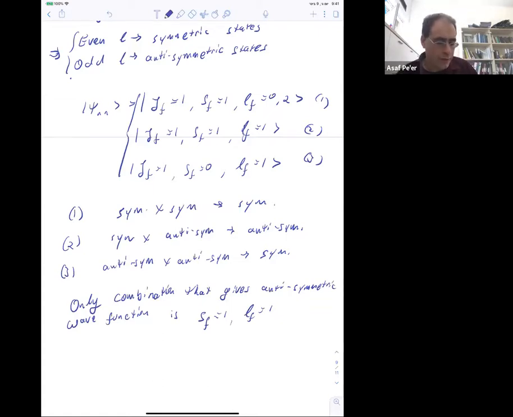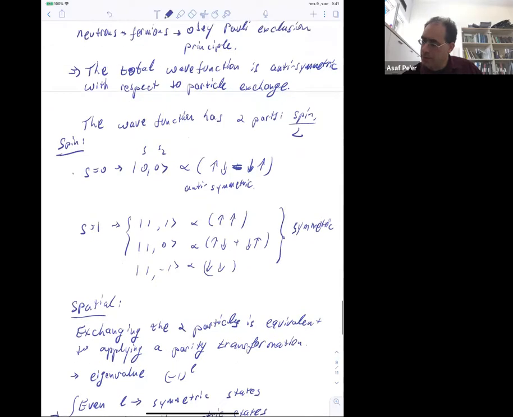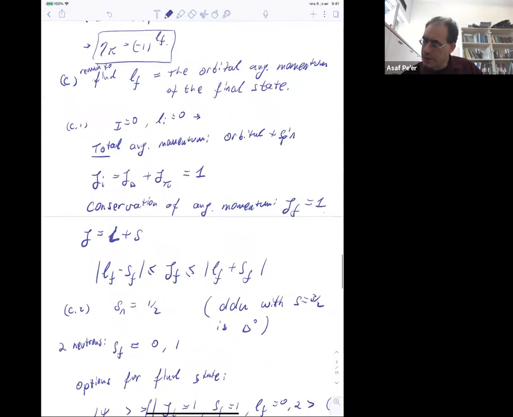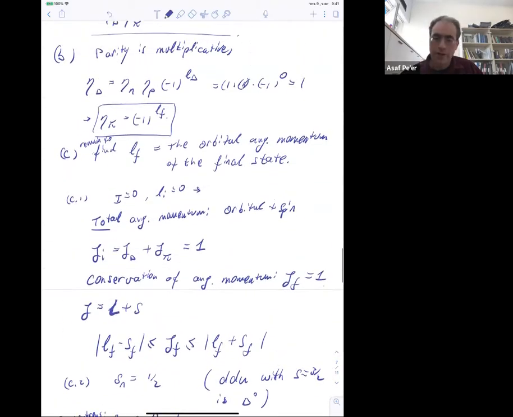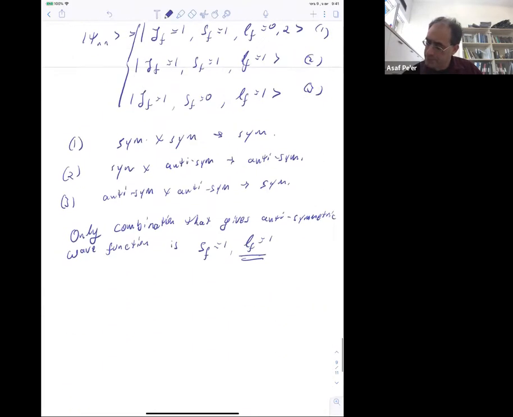So we conclude that the orbital momentum in the final state must be LF equal to 1. And going backwards to what we derived previously, that means that the intrinsic parity of the pion, eta pion, must be (-1) to the power LF, which is -1, negative.